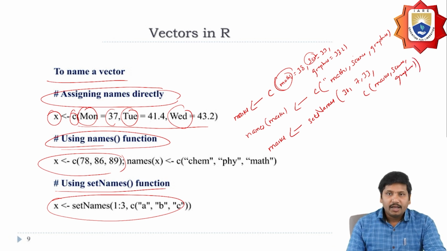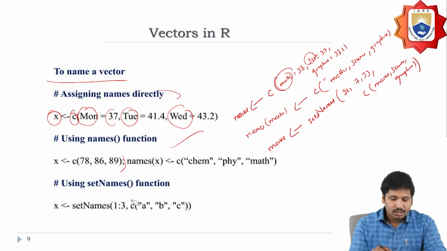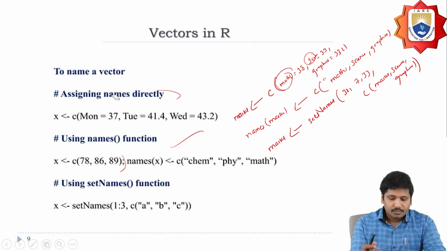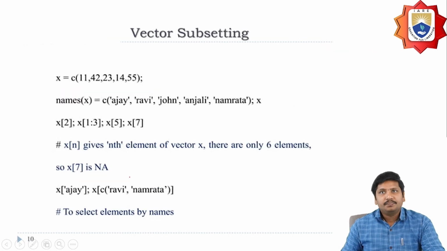Like this, I can set the names to the vector values either directly, or by making use of the names function, and also by making use of the setNames function. So one is directly, another is through the names function, and then the setNames function.